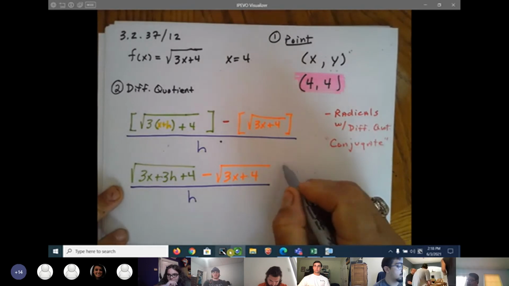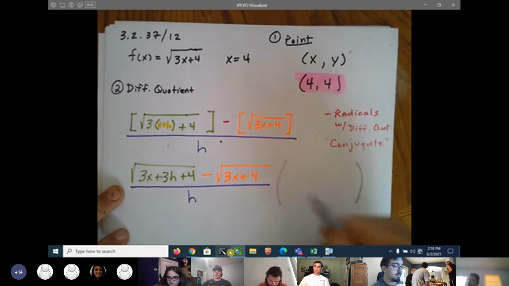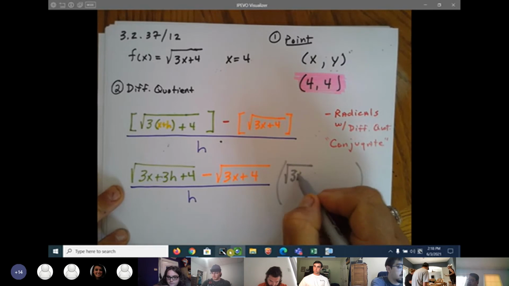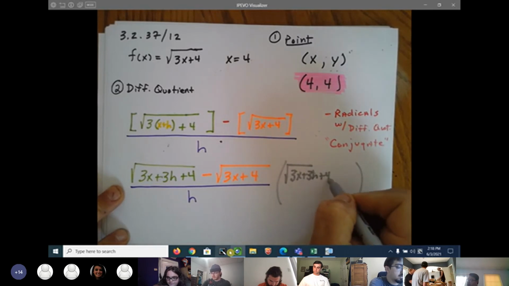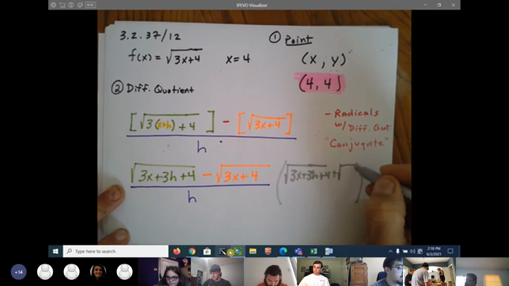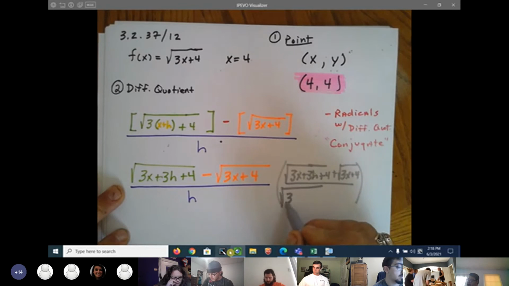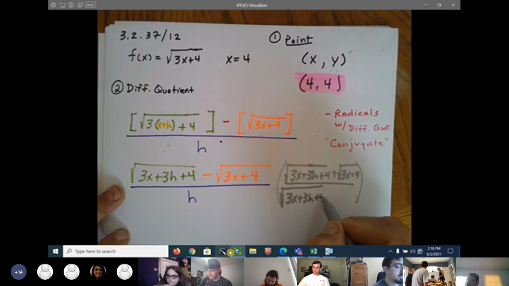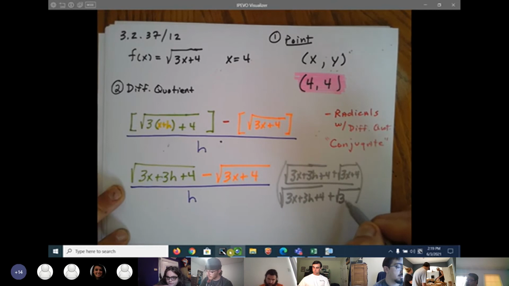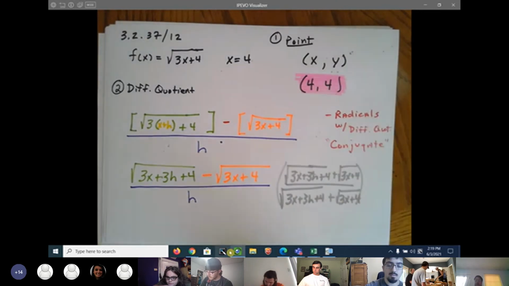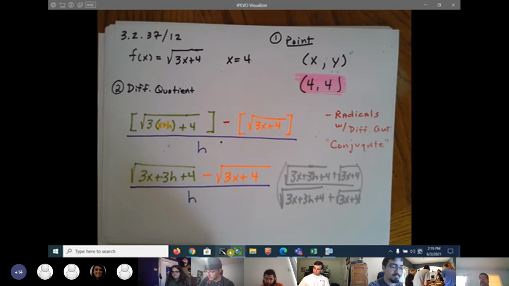So I'm going to multiply by the square root of 3x plus 3h plus 4 plus the square root of 3x plus 4 over the square root of 3x plus 3h plus 4 plus the square root of 3x plus 4. There's the conjugate. Now, a lot of you may be saying, well, Hubert, you're putting all the radicals in the denominator. Well, that's fine because h is going to go out anyway, so it'll be all right.